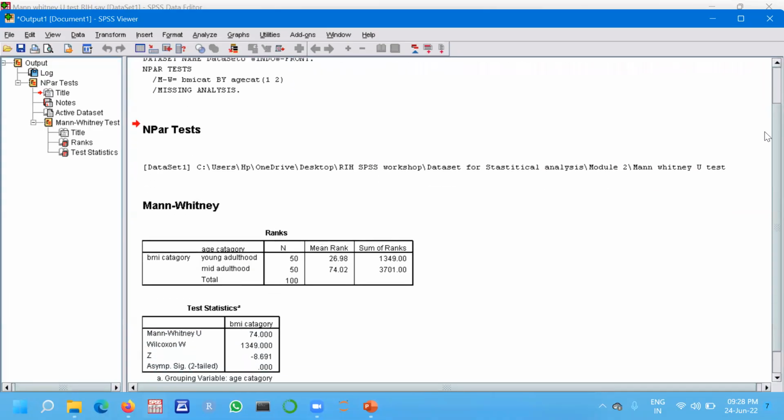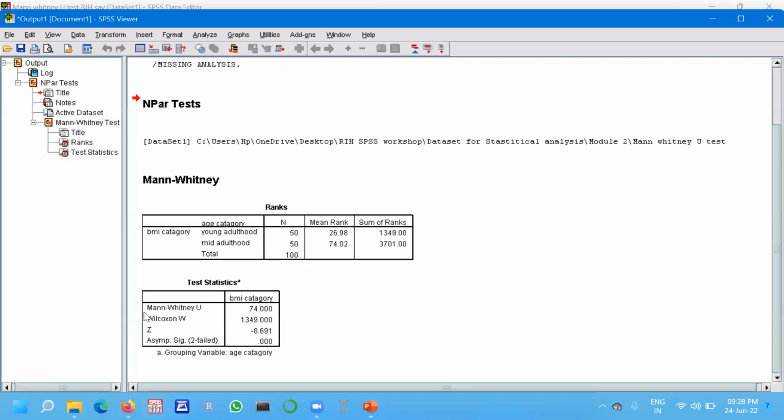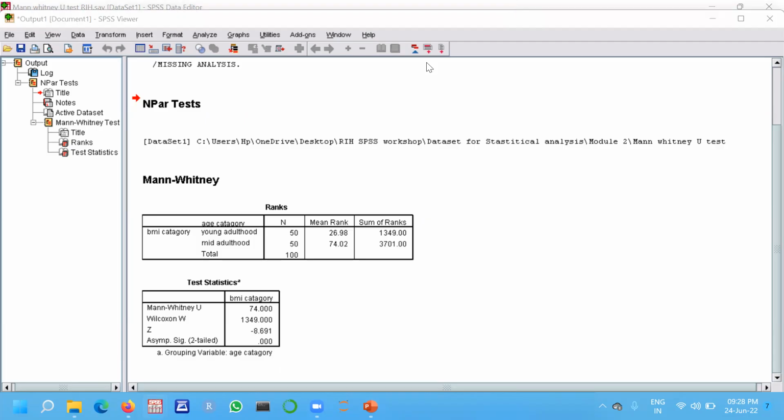Okay, now let us see here. It is very simple. The Z value is 8.69 and the p value is less than 0.05, so it is significant. There is a change according to age in the BMI category.